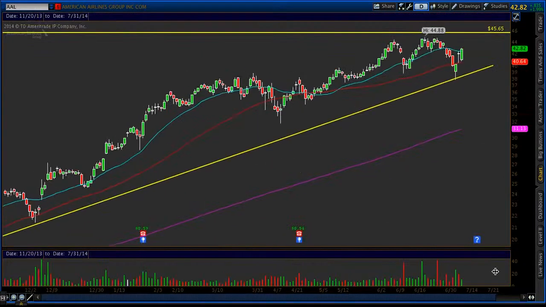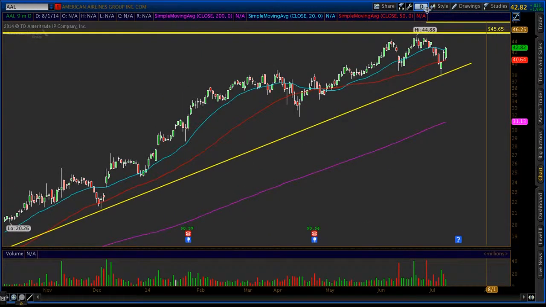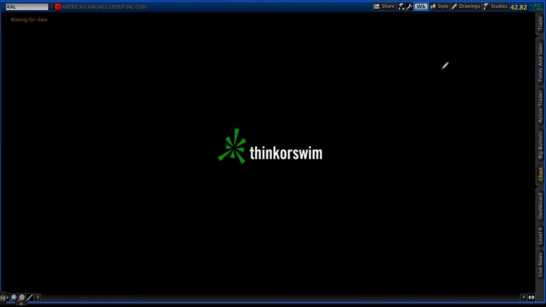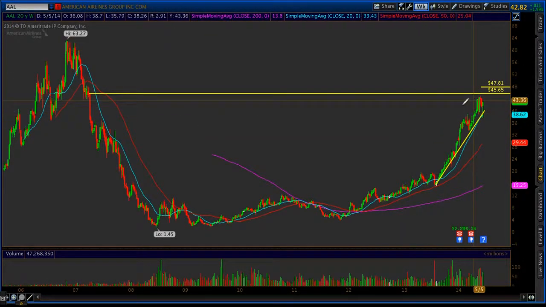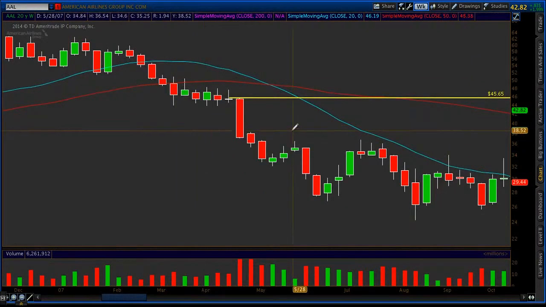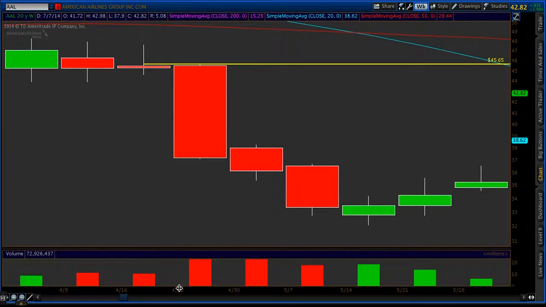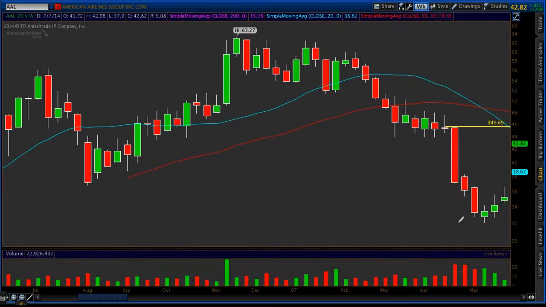All right, so how did I get this 45.65 level? Let's take a look at the weekly chart. I'm zooming out all the way back, 45.65 is our level, and I'll give you the exact date. There we go. Big red bar, the week of April 23rd, 2007.